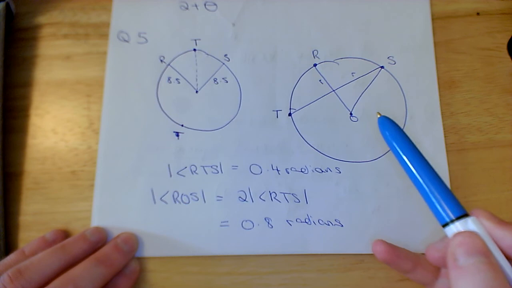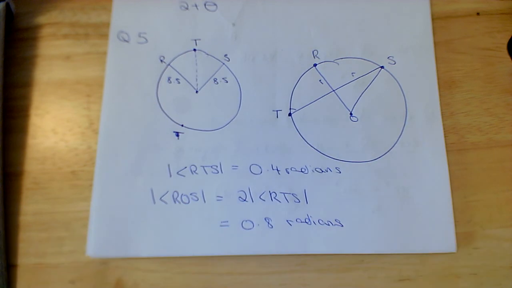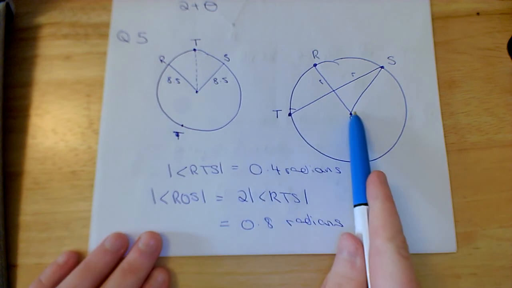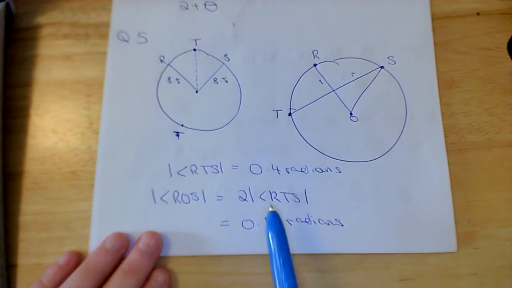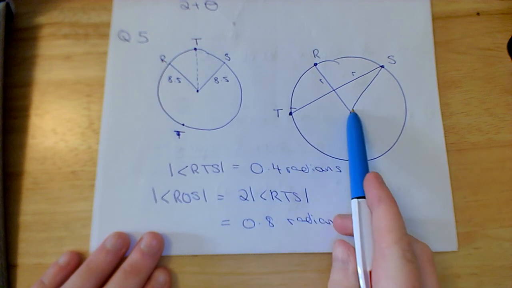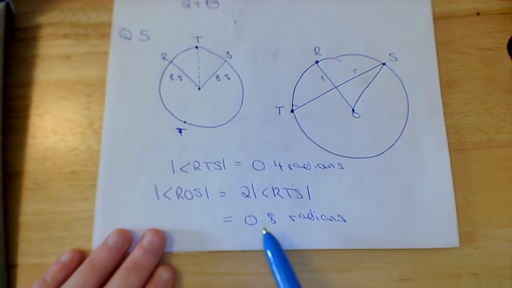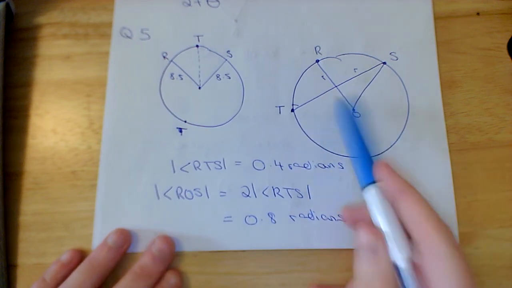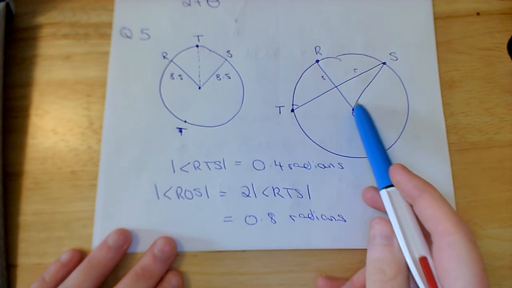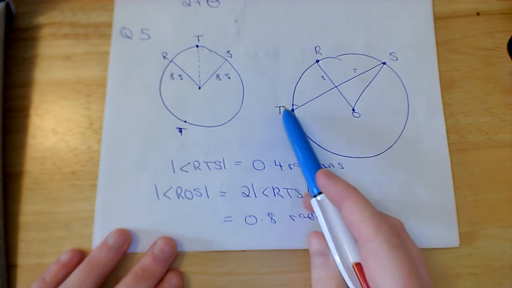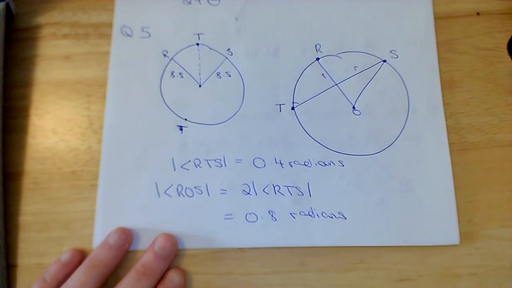because remember the angle subtended at the centre is always going to be twice the size of the angle subtended at the circumference. So this angle here is twice this angle up here. If this was 60 degrees, then this here would be 30, and so on.